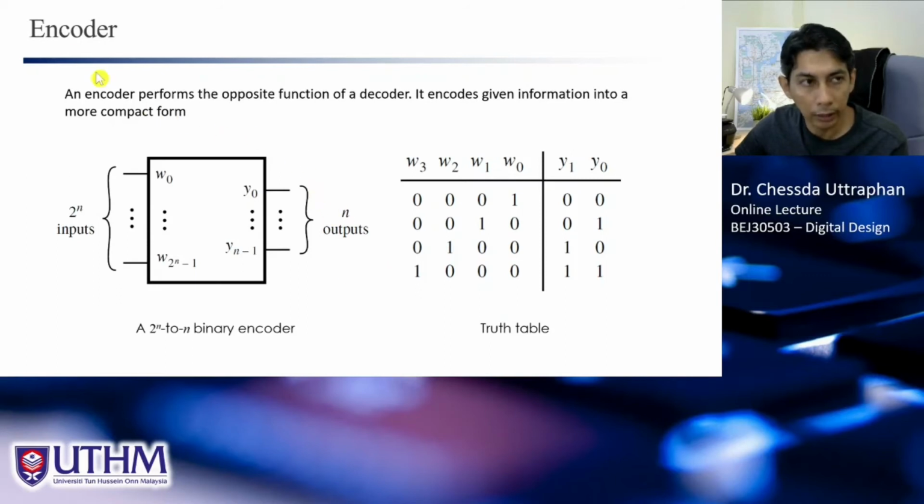This is the encoder, the opposite of the decoder. So it does the opposite work, where we have 2^n inputs and we have an output.